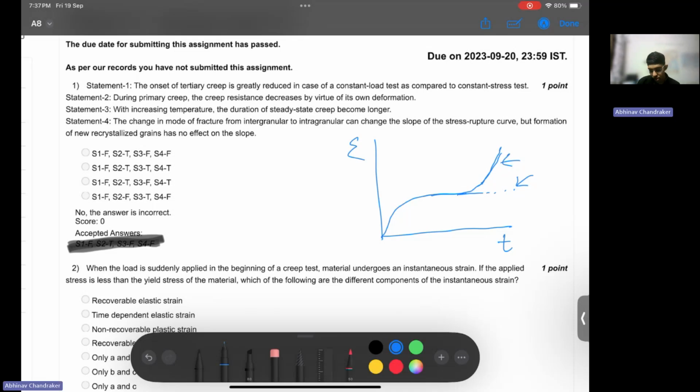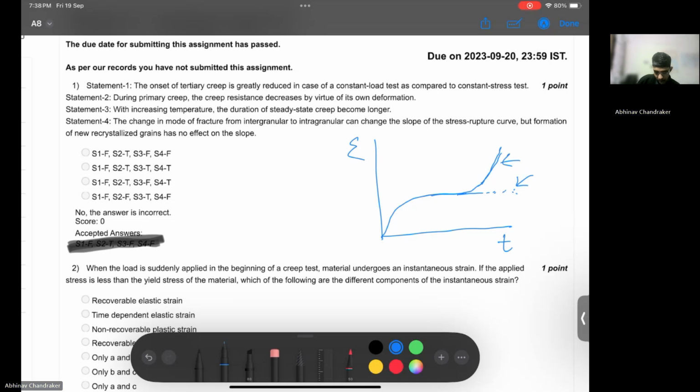While in case of constant true stress, you can go to much higher strain values without having the increase in the true stress, because true stress is constant. You can get much higher.